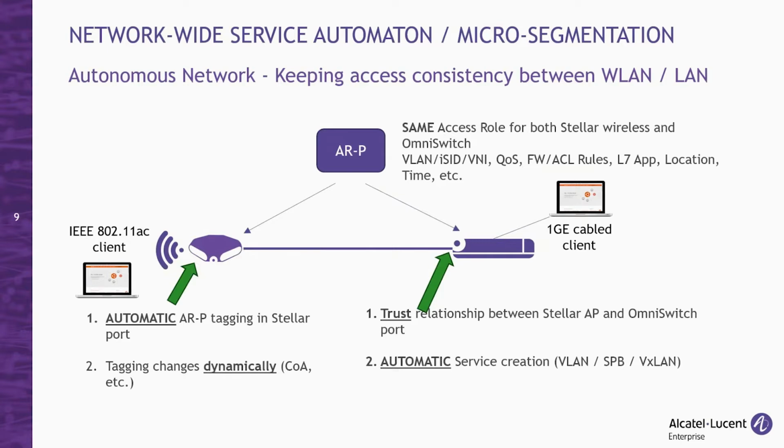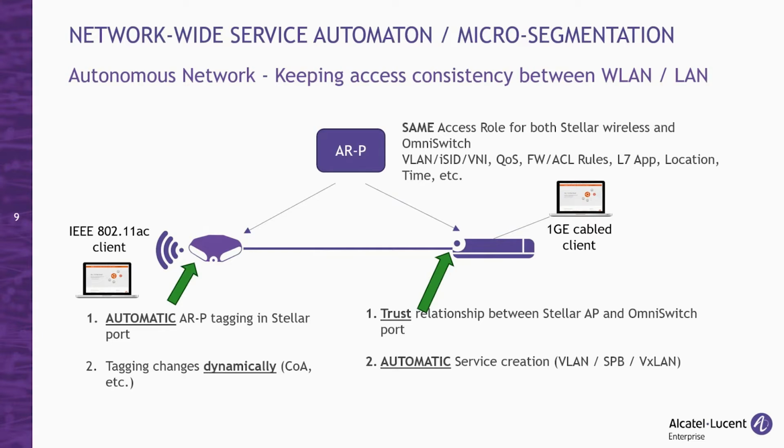In this case, I have a university's administrator with a wireless device using an 802.1X supplicant enabled through its wireless NIC. That device connects through the Stellar Wireless AP. On the other side of the network, we have a wired device connected to the Omni switch. Both Stellar Wireless APs and the Omni switch know about the access role profile since they are transparently provisioned through OmniVista.